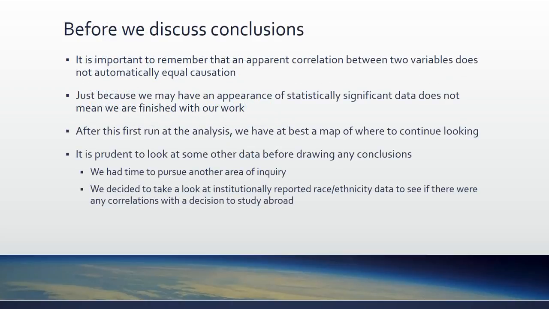Before we get into the conclusions and run away with a snap decision on this, let's remember that apparent correlation between two variables does not automatically equal causation. We're not done yet. Just because we have an appearance of statistically significant data does not mean we're done with our work. After this first run at the analysis, really what we have is a map of where to keep looking.